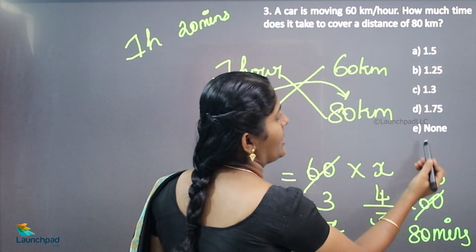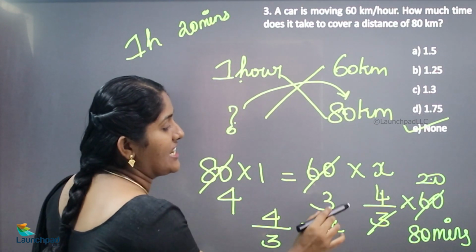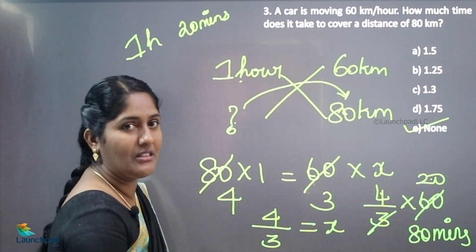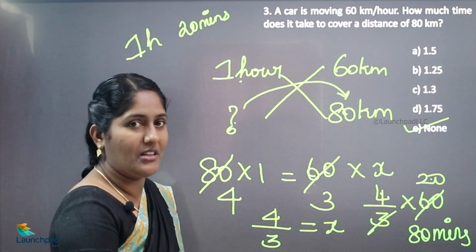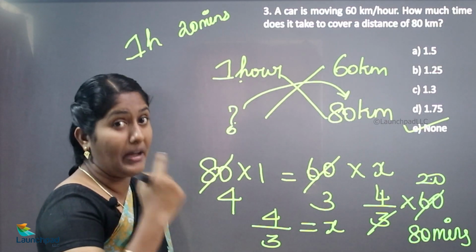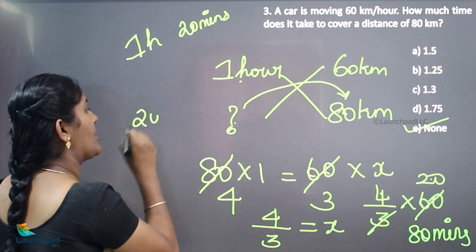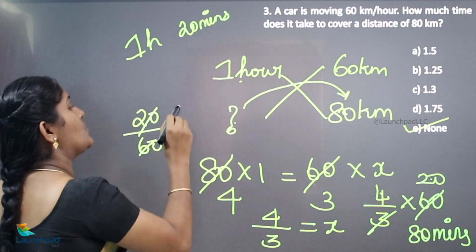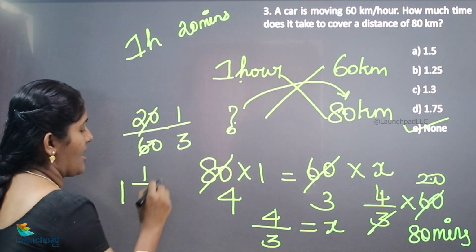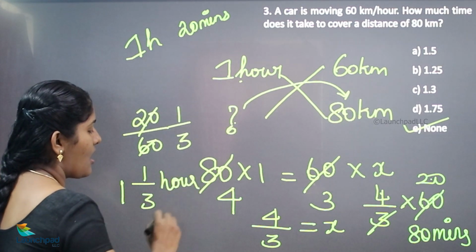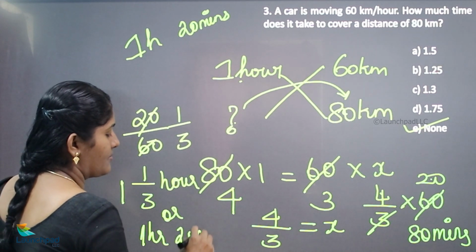The answer is not available in the options, so none of these is your answer. So we can convert the 80 minutes into 1 hour having 60 minutes, and the remaining 20 minutes is 20 divided by 60, which is 1 by 3. So we can write it either as 1 by 3 hours, or 1 hour 20 minutes.